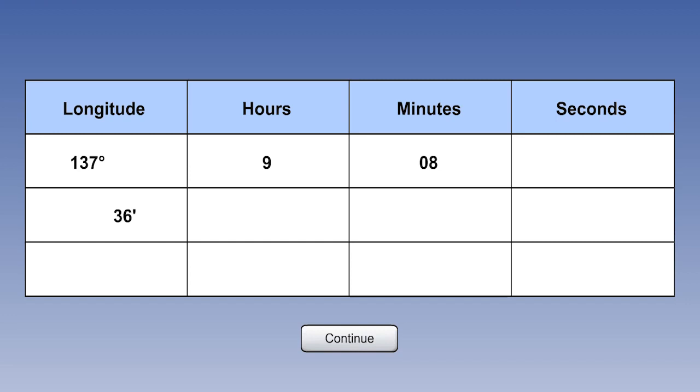Now look up the 36 minutes. What does this equate to? 36 minutes of arc converts to 2 minutes and 24 seconds of time. Adding them together gives you 9 hours, 10 minutes and 24 seconds. In fact, for our purposes, the nearest minute is close enough.